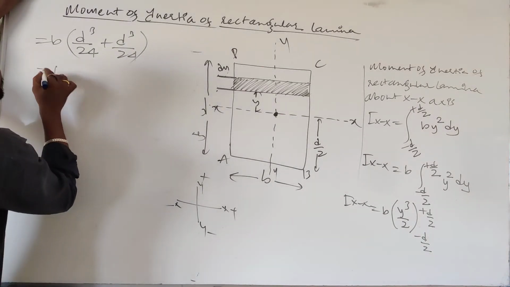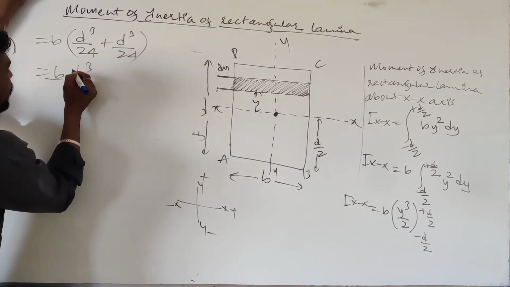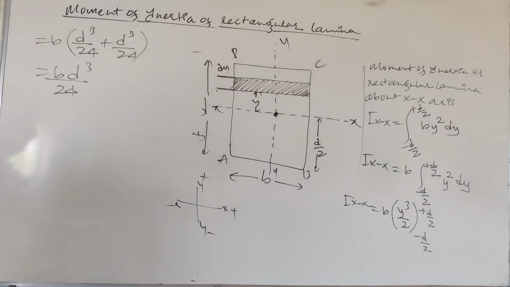So once again it becomes b d cube, take it common, divided by how much? 24.